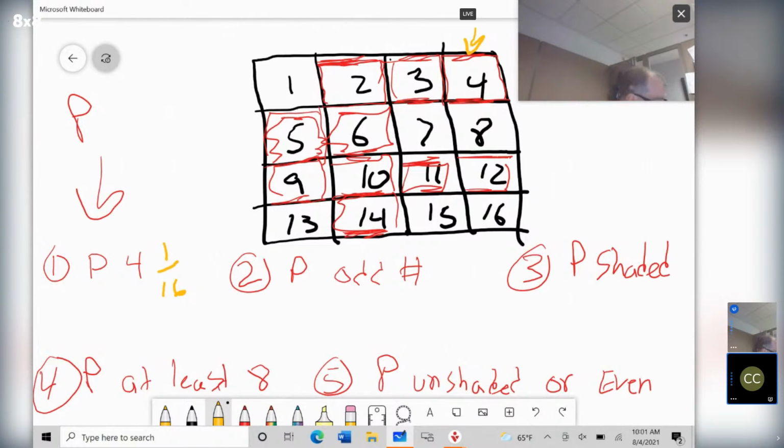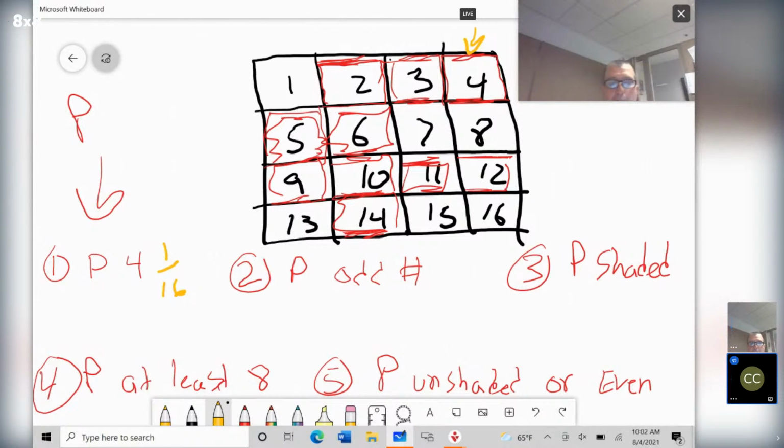But if it asks you the percent, you'd have to convert 1/16 into a percent, is all you need to do, okay? And on the work I'm going to give you today, it's going to ask you to do all three. So you'll do the 1 out of 16, then you'll convert it to a decimal and then to a percent, okay? So sometimes it's going to ask you what percent there is of getting a 4, okay?